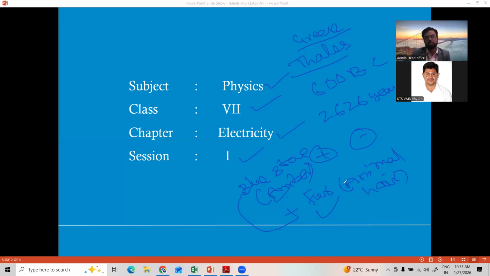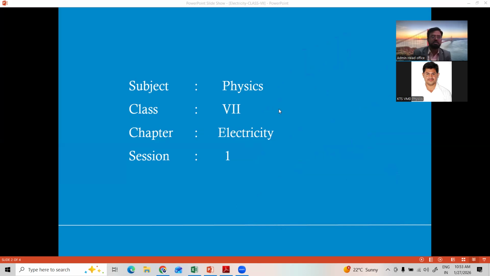The body donating electrons gets the positive charge, and the body receiving the electrons gets the negative charge. Like that, electric charges were identified as positive and negative by the great philosopher Thales. That is the basic history.